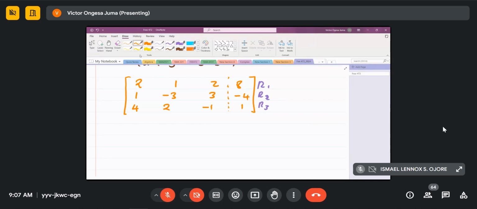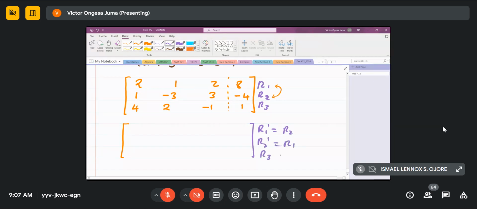So I said the first operation I'm doing is swapping, for example, row 2 and row 1. And so when I swap, I'll have my new matrix such that my new row 1 will be the same as row 2, and my new row 2 will be the same as row 1.